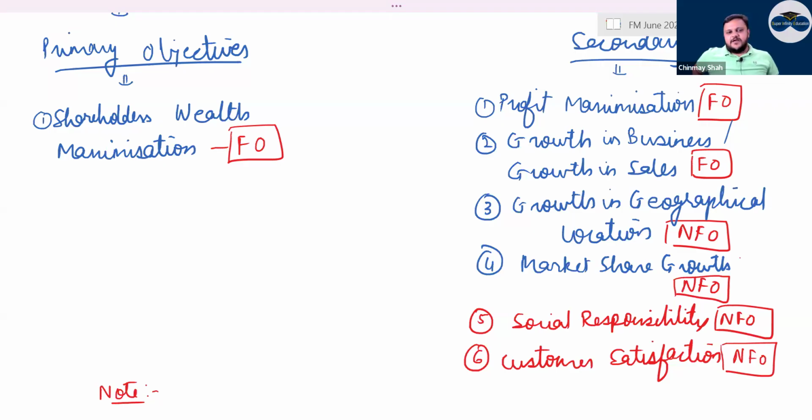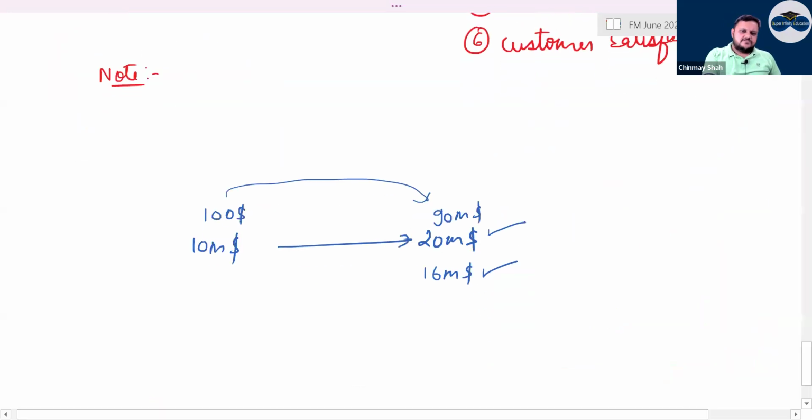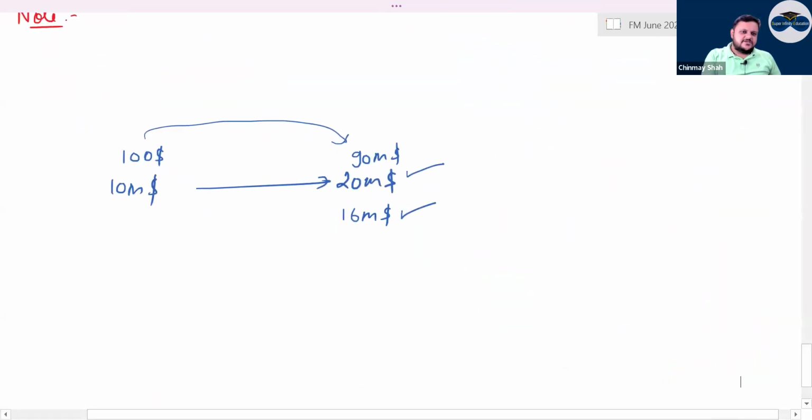I have given you an example already. Here, have a look. Was there profit maximization here? Tell me.